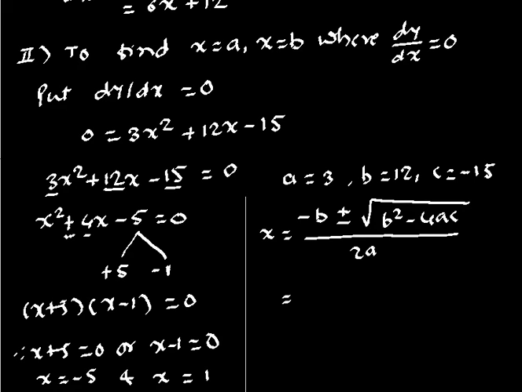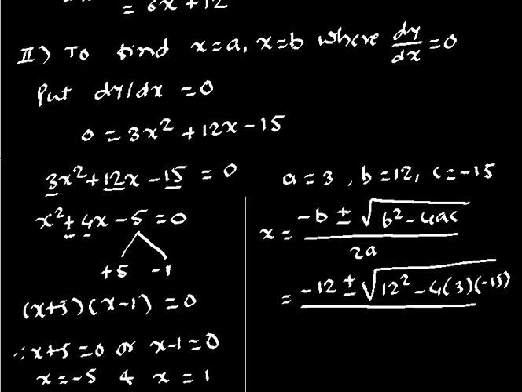So it will be minus 12 plus or minus under root 12 square minus 4 into a is 3 into c is minus 15, upon 2a, a is 3.